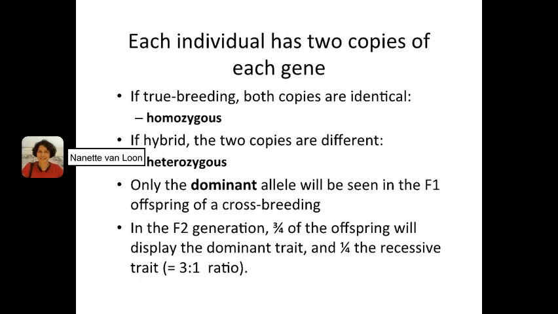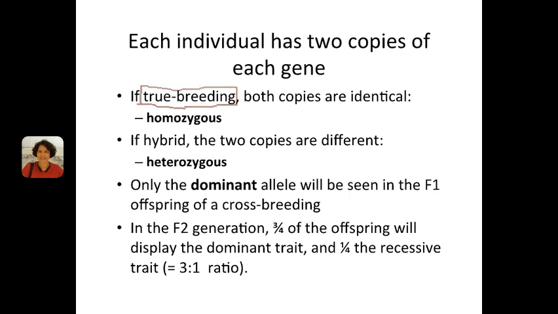In the previous slide, we saw that each gene is located in a specific part of a chromosome. So each gene has a locus on our genome, and we have two copies of each gene. In a true breeding trait, let's say in Mendel's pea plants that are tall and have been tall for generations, whenever you breed them with each other, the offspring are always tall.